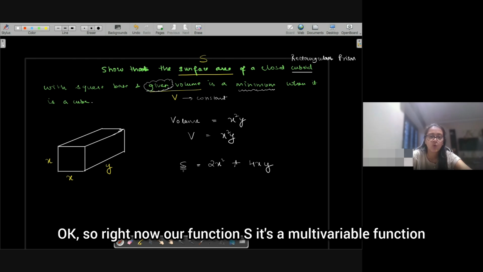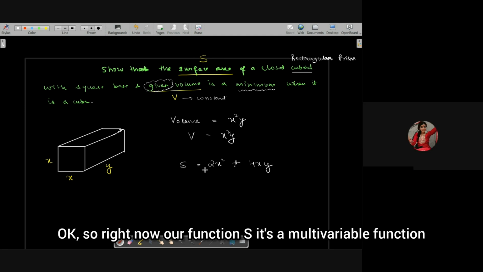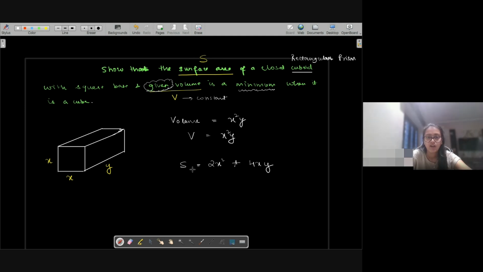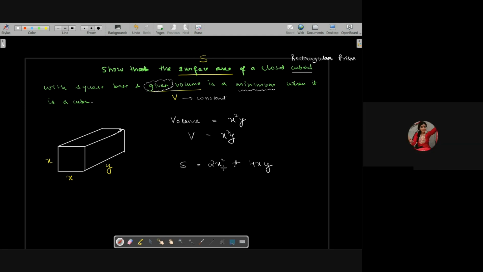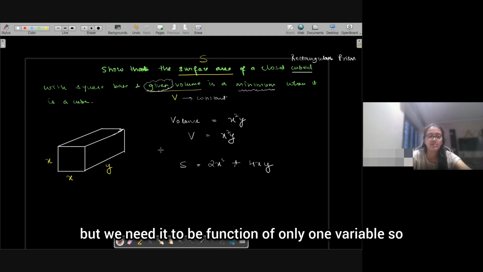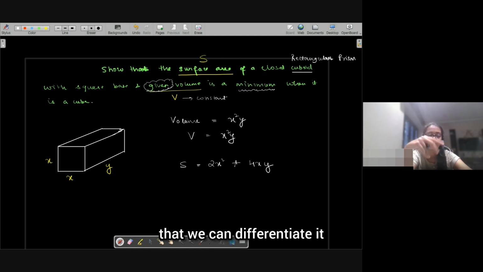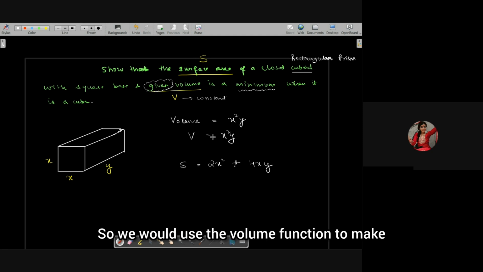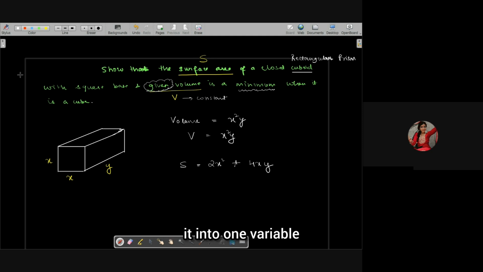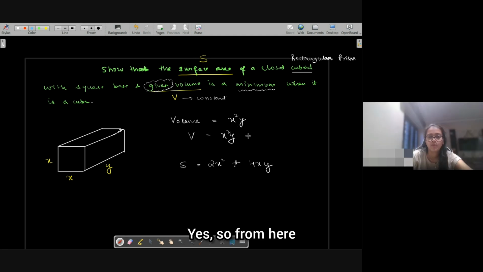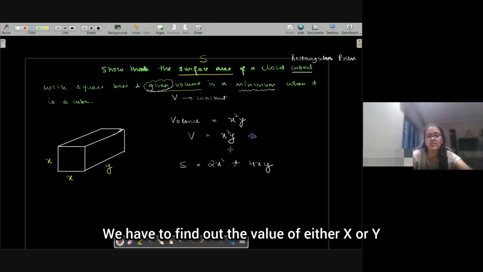So right now our function S is a multivariable function. It is a function of both x and y, but we need it to be a function of only one variable so that we can differentiate it. So we would use the volume function to make it into one variable? Yes. From here, we'll have to find out the value of either x or y.